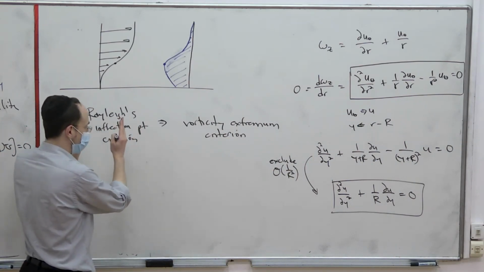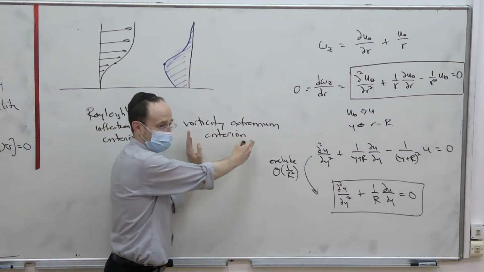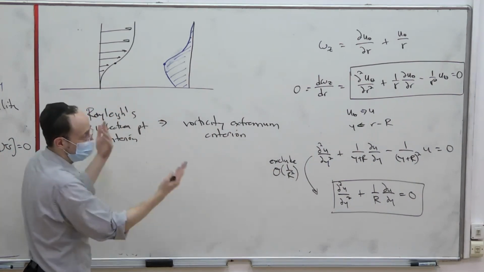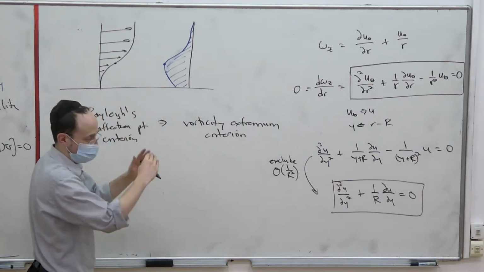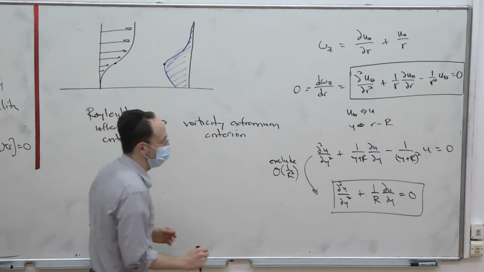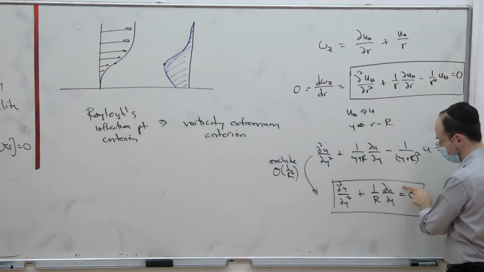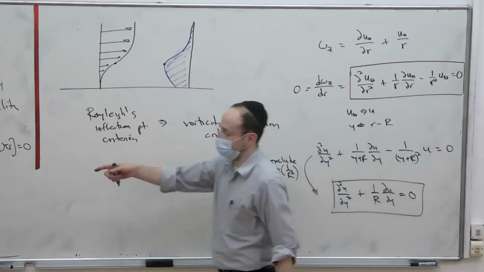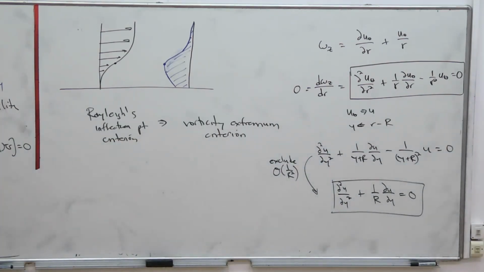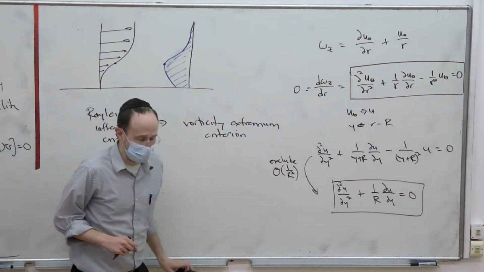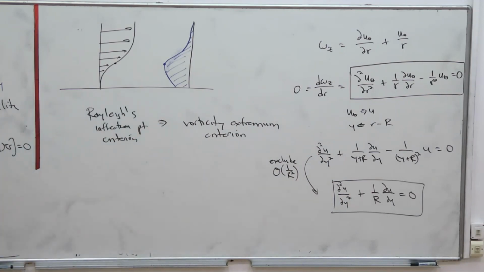I can translate from an inflection point to a vorticity. I know how to do that in Cartesian form. But is it actually true with the curved surface also? Well, I just want to prove to you that it is true. That in a curved system, under the same assumptions, you get the exact same criterion that we had before. Okay, that is basically the basic criterion for our stability.